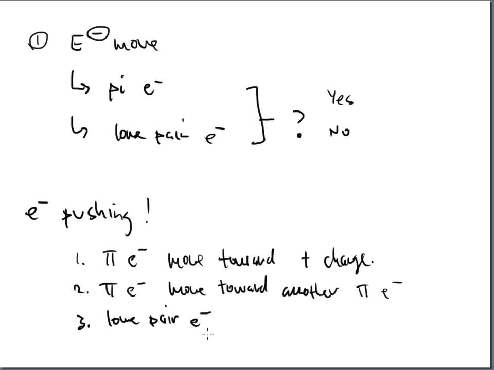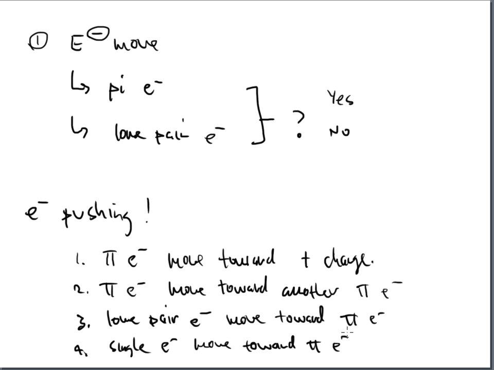Lone pair electrons can also move toward a pi electron set or a pi bond. And number 4, a single electron. We can't forget about the singles. They just don't go in couples. A single electron can also move toward a pi electron set or a pi bond.